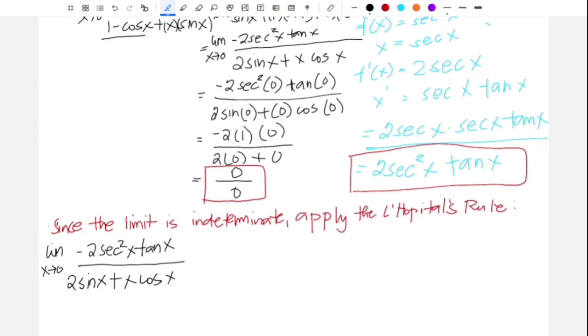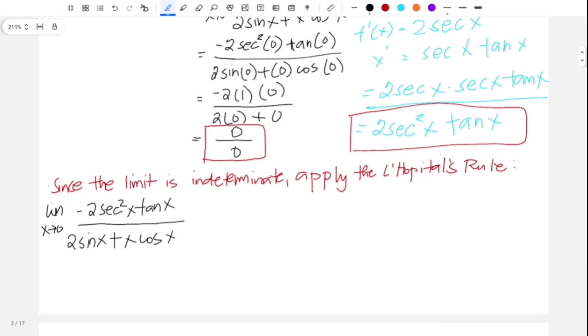And this is our new limit that we need to derive. So let's copy our limit as x approaches 0.